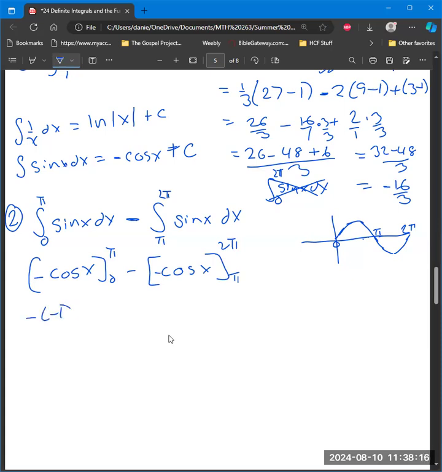So -1 minus a negative is a positive. Cosine of 0 is 1. And then minus a negative, that'll be a positive. Cosine of 2 pi is 1 minus cosine of pi, which is -1. This is 1 plus 1 plus 1 plus 1, which is 4. That'll be in square units.